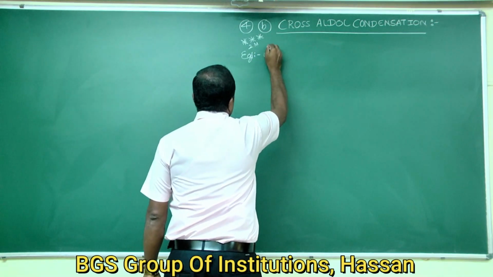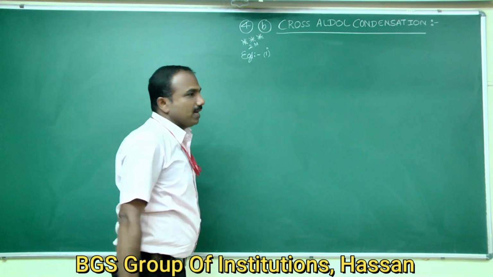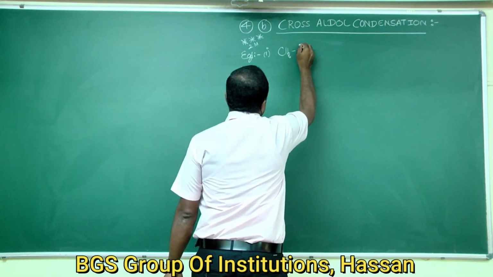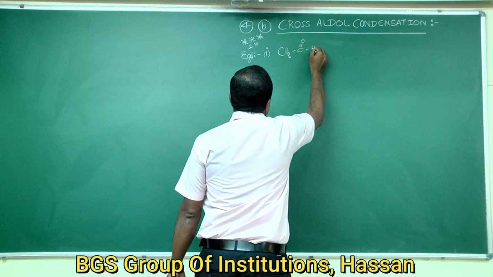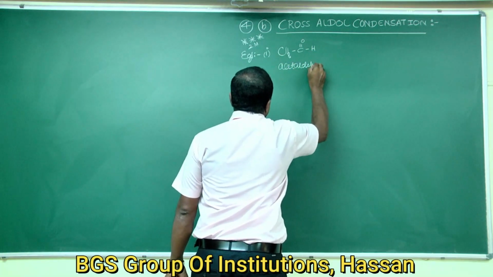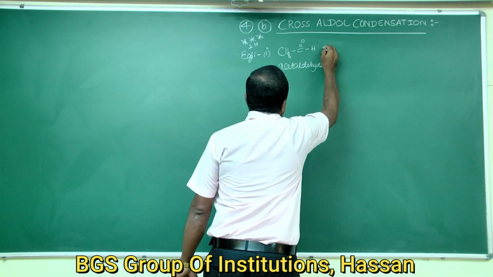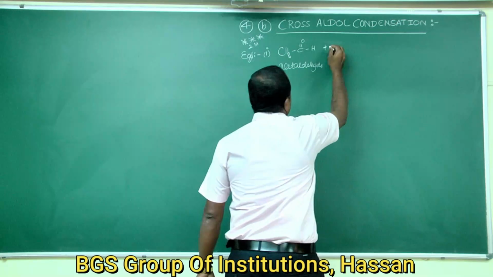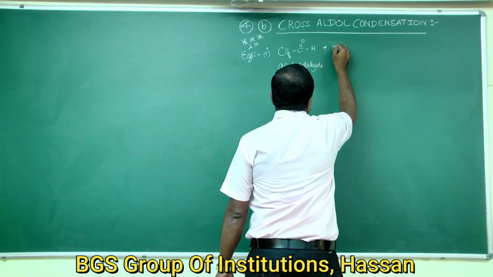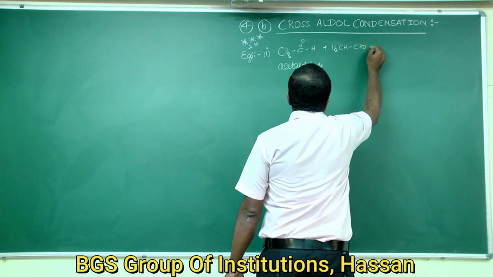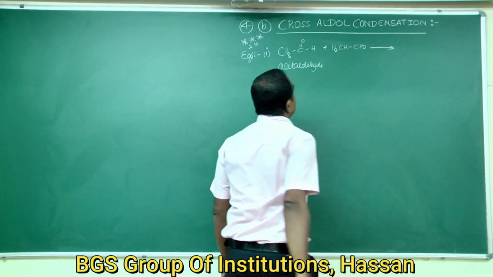So first one, you take acetaldehyde, CH3CHO. And take another molecule of the same aldehyde, acetaldehyde, H2CH single bond CHO.